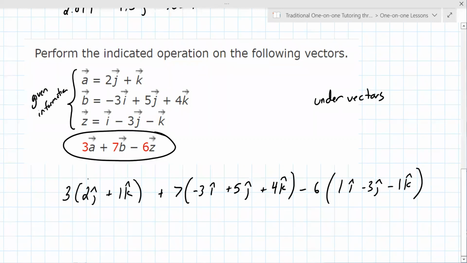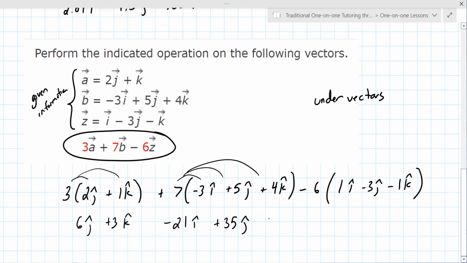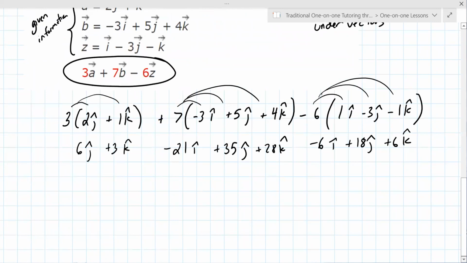So from here, you distribute the 3 in, so it's 6J plus 3K, distribute the 7, minus 21I plus 35J plus 28K, minus 6I plus 18J plus 6K. And then you just combine like terms. So we should do the I's first. So we'll combine the I's and the I's.